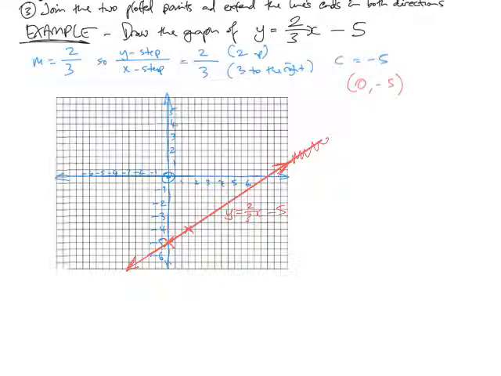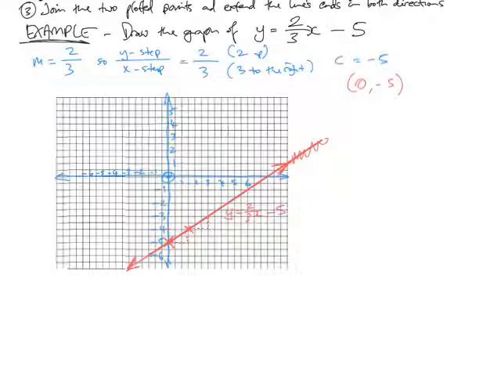Let's confirm that that's correct. Well, a c of -5 indicates it's going to cross the y-axis at -5. A gradient of 2/3 indicates it goes 2 up for every 3 across. So you can see that from here. You could extend that.